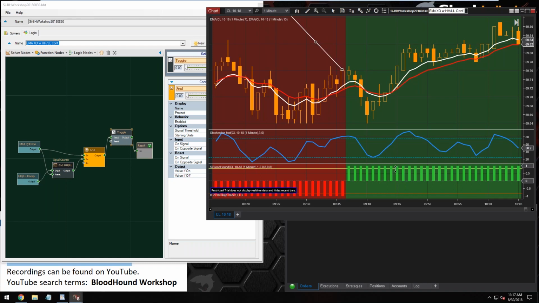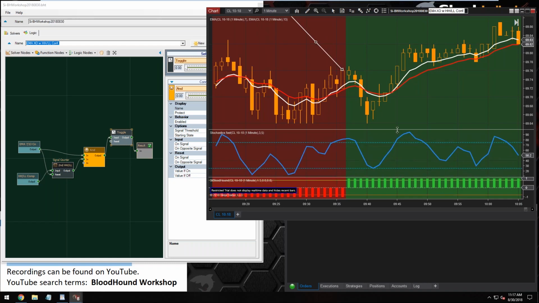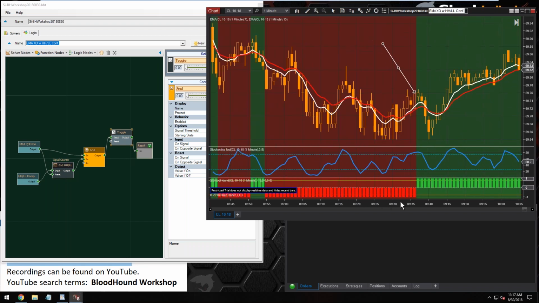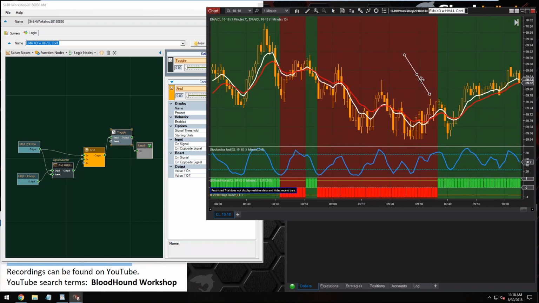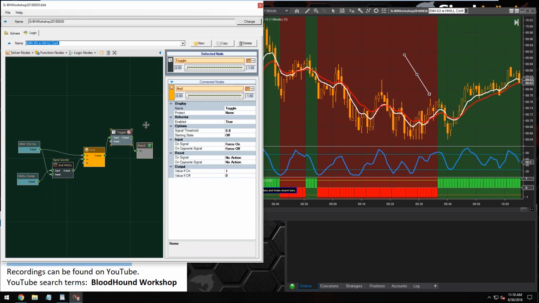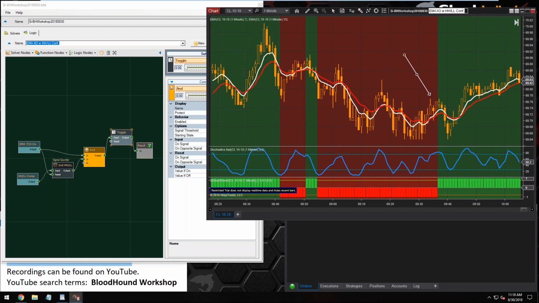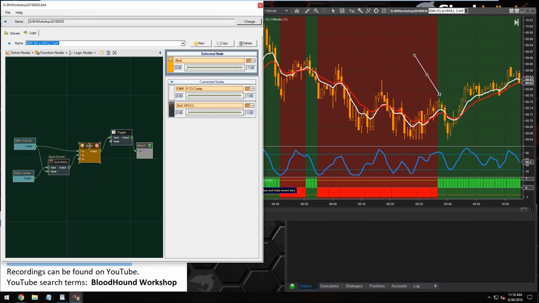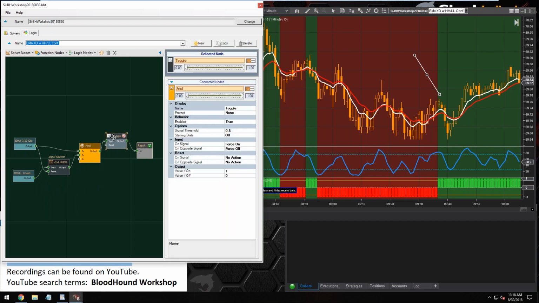So that's basically the last component, throwing in our toggle node to hold on to the trend after we get a confirmation from the rest of the system here. All right, so that's that.